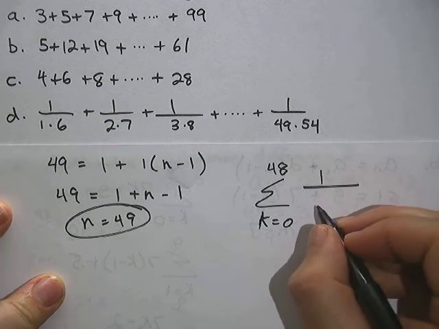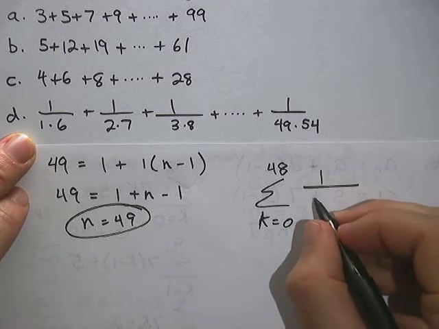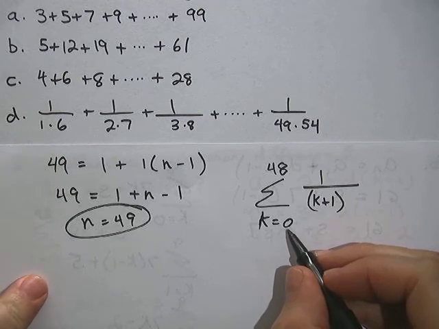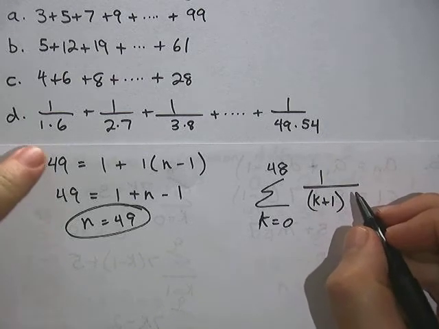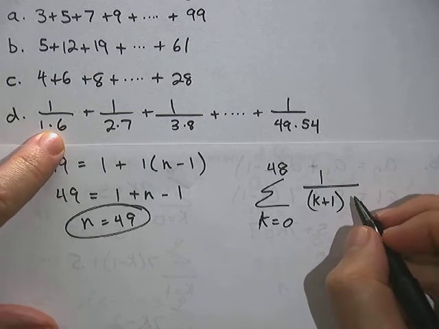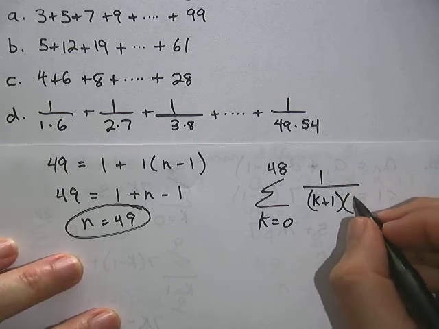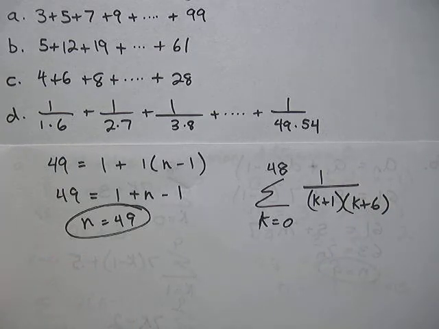And since our first term needs to be a 1, we need to do k plus 1, because remember we're plugging in a 0. Because we plug in a 0, we need our first term to be 1. Okay, and then since we're plugging in a 0, but our first term is 6, we need k plus 6.